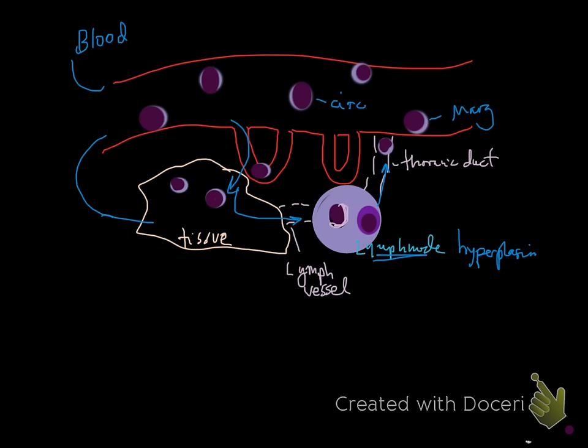When lymphoid cells leave the blood due to cortisol and go to lymph node, that would cause a lymphopenia. And any type of neoplastic proliferation of lymphocytes, no matter where it is, could cause a lymphocytosis.